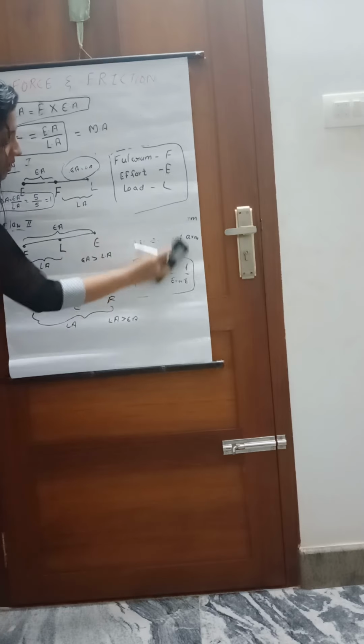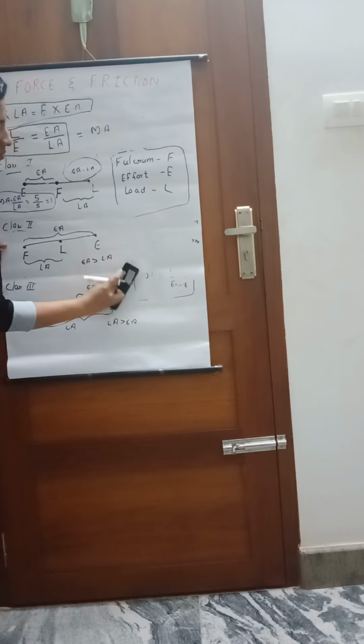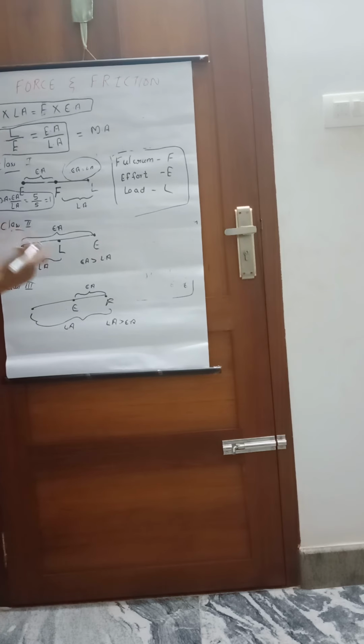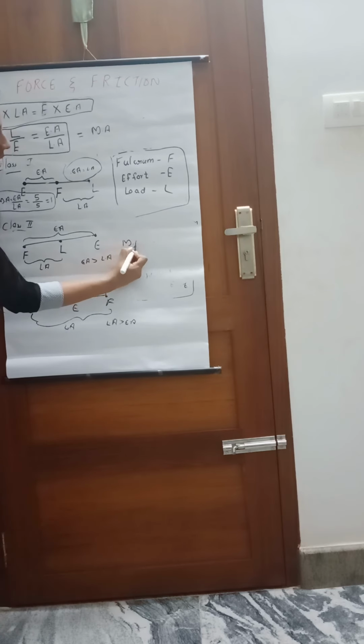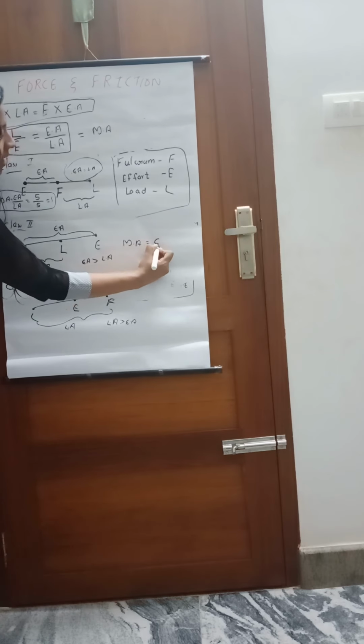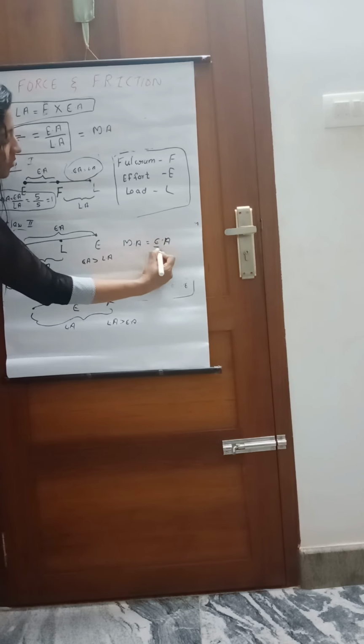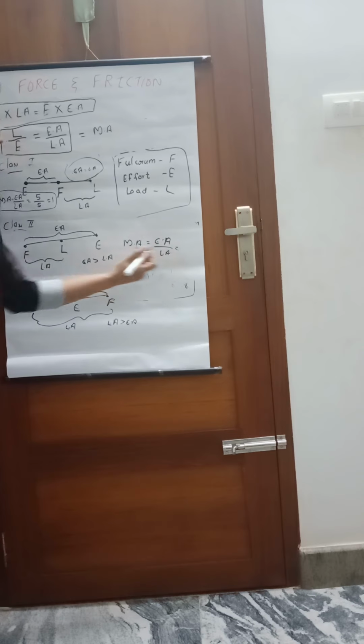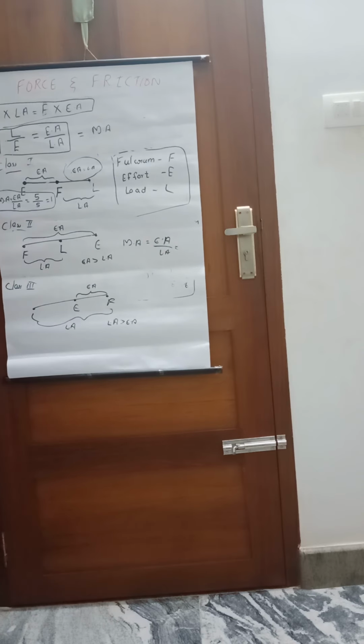Now in the case of class 2 lever, again we are applying the formula. Mechanical advantage is equal to, again we know the formula, effort arm divided by load arm, and here effort arm is more and load arm is less. So what will happen, once the denominator is decreasing, the answer will be increasing.